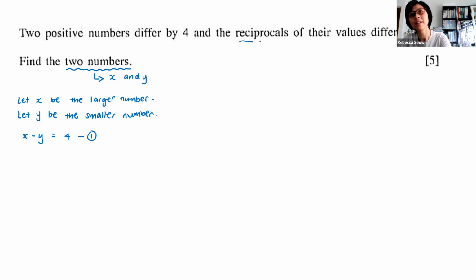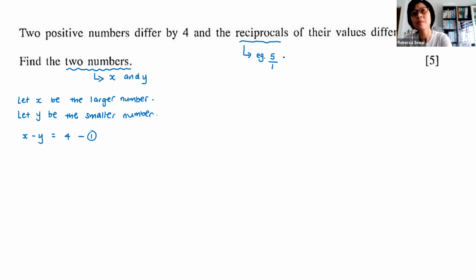Now, what are reciprocals? Reciprocals are such that the numerator of a fraction becomes its denominator and the original denominator of the fraction becomes its numerator. If I give you an example of the number 5, 5 is written as 5 out of 1.